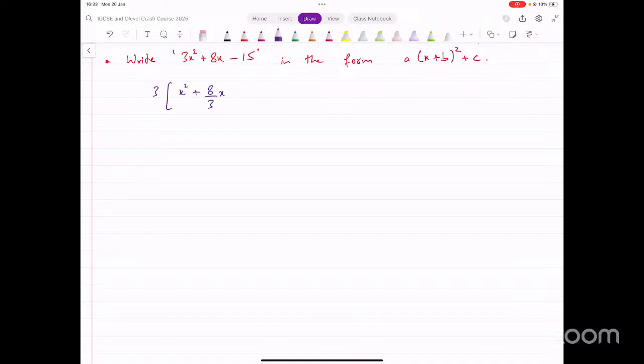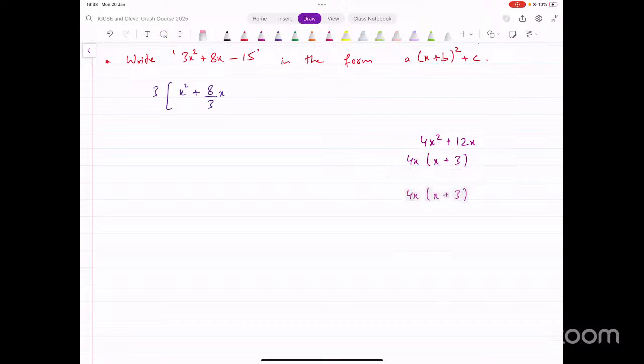Okay, now let me just explain how that works. So for instance, when you take something common from this expression, let's say 4x squared plus 12x. If you take 4x common, for instance, what are you left with inside? You're left with x plus 3, right? Now, why do you have x plus 3 there?